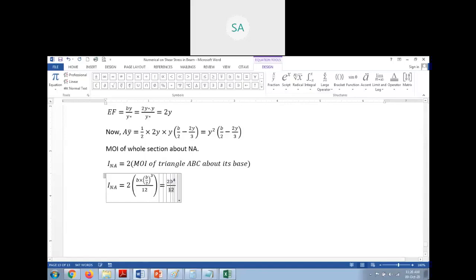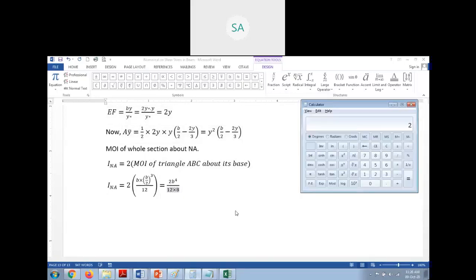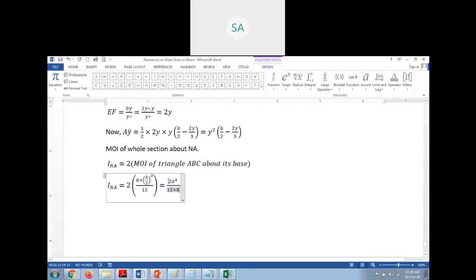So 12 into 8 by 2 is 48. So this will be b raised to 4 by 48.